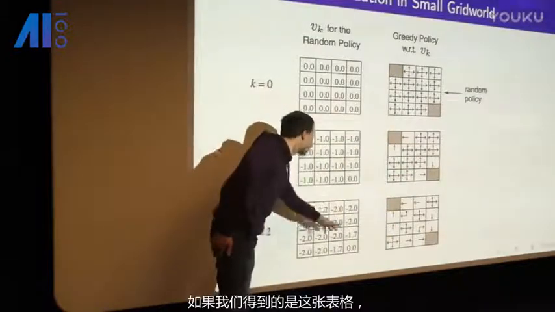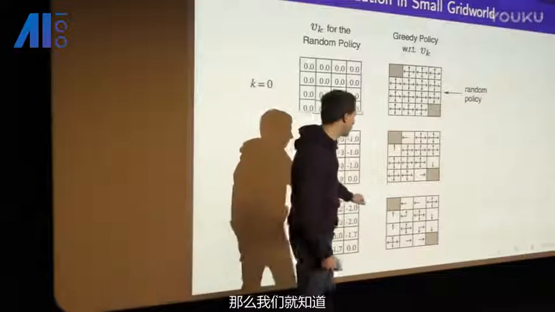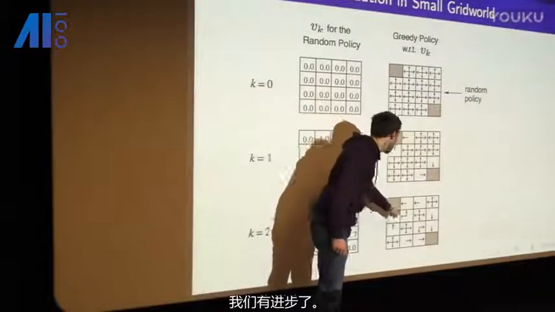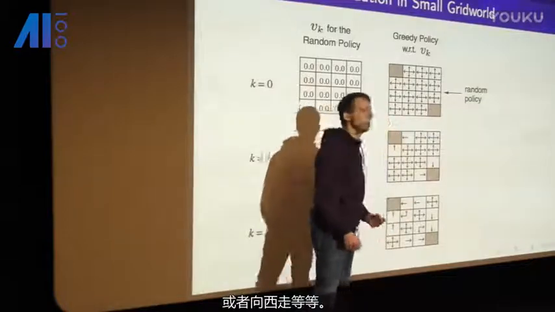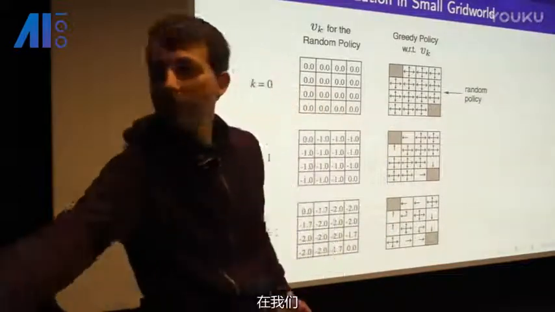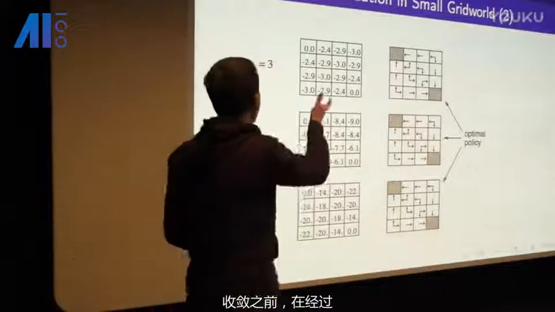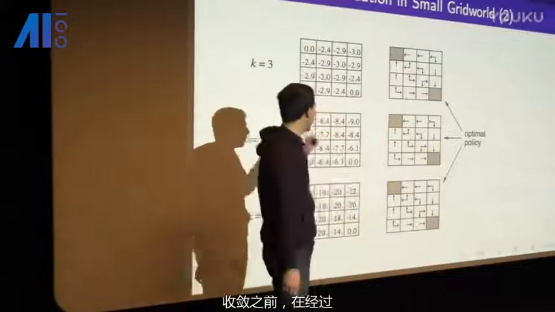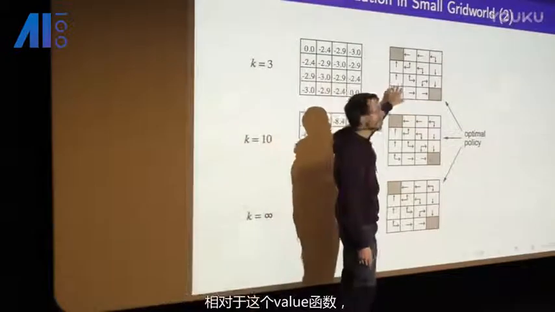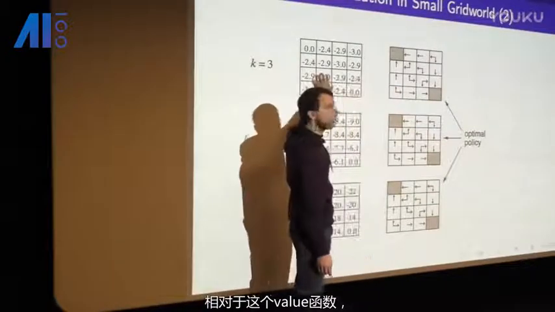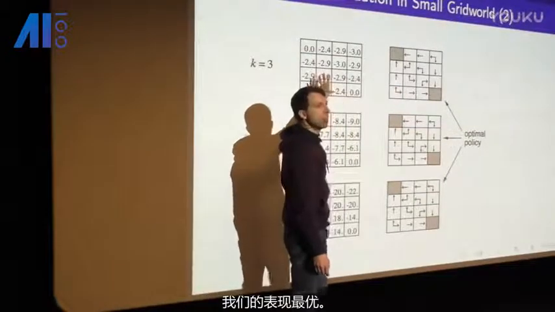If we behave greedily with respect to this, we start to do a little bit better. Two steps ahead, we've got this behavior where we know to either go north or west, and so forth. And after just 3 iterations, before we've even iterated all the way to convergence, we already have the optimal policy when we behave optimally with respect to this value function. So hold that thought.